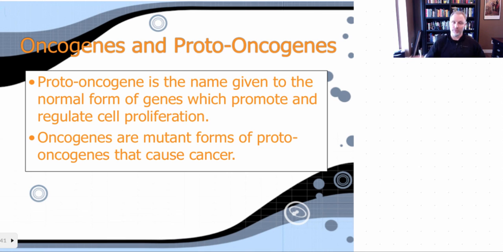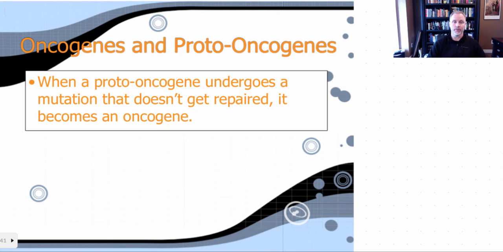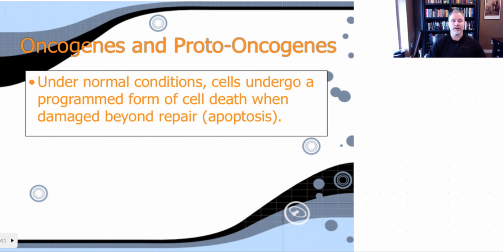And this is what can lead to cancer, because now these normal genes that are controlling the cell cycle have become mutated. They've become oncogenes, and now the cell cycle goes down this runaway path because there's no regulation occurring there, okay?